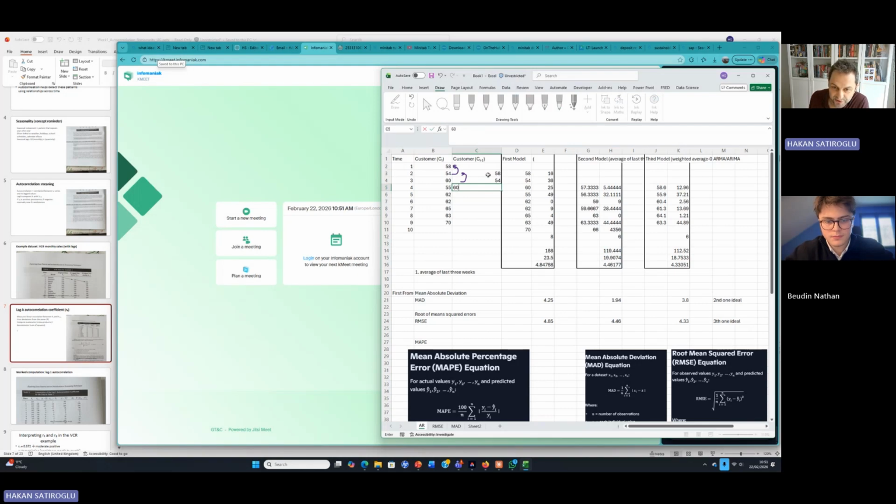Same things for the first model, 55, 62. But we are not estimating at the moment because it is too early. 63, 65, 62, 62, 55. So we are checking now the correlation between these two. If correlation is too high, it means literally we can say the previous month can estimate the next month.